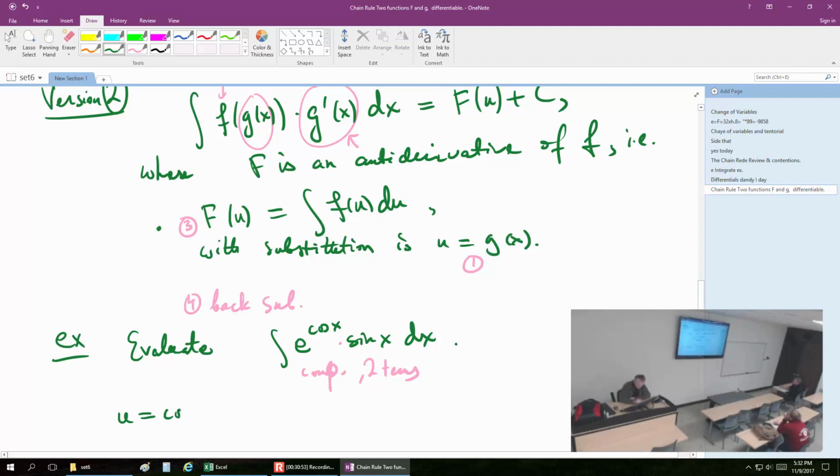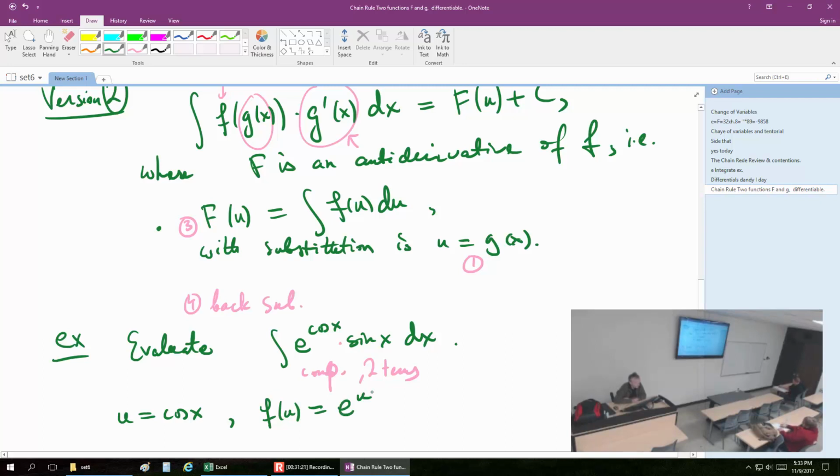Cosine x, yes, cosine x. Then what is f of u? We are still looking at the very first term of our function. e to the u, yes.